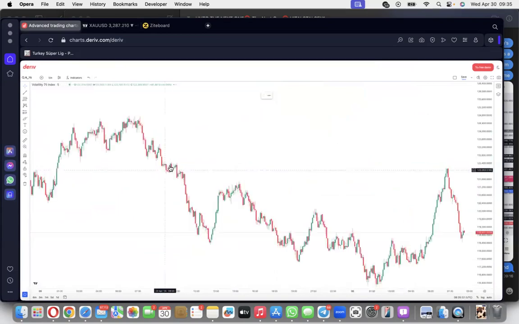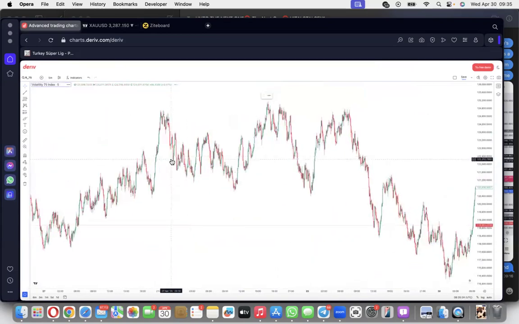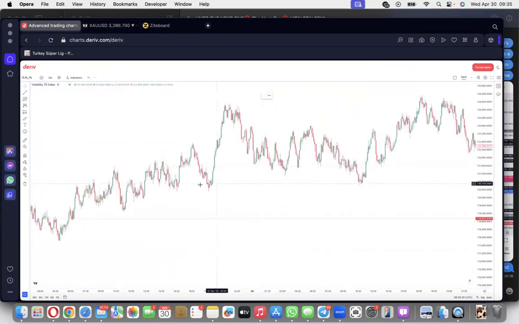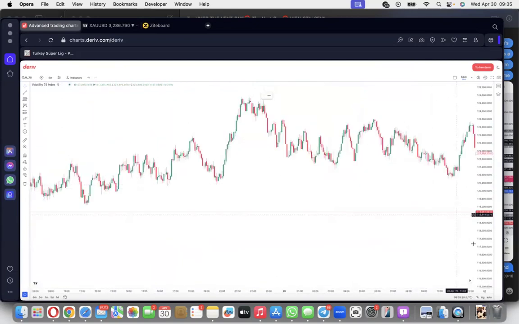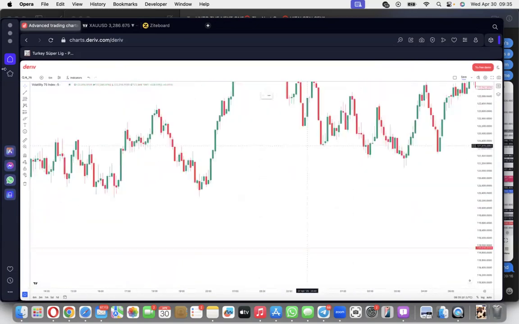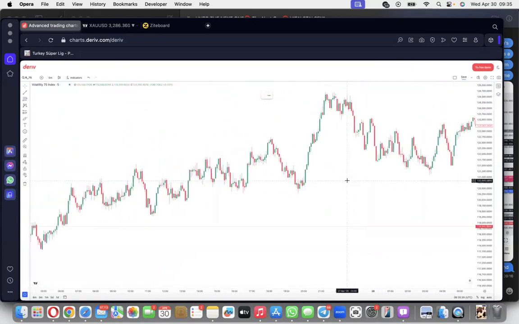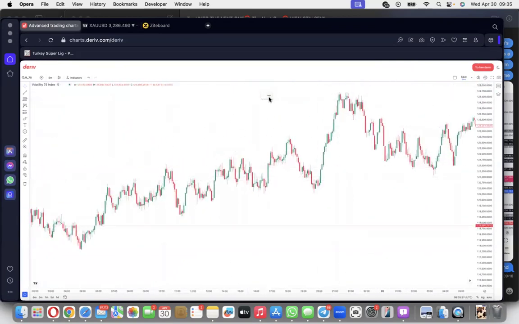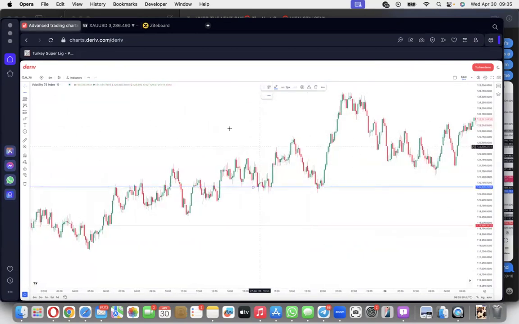There's a doji there. That was the reason why I took that buy. I'm trying to find it again. Okay, yeah, this is it. This was the doji. This was my entry.